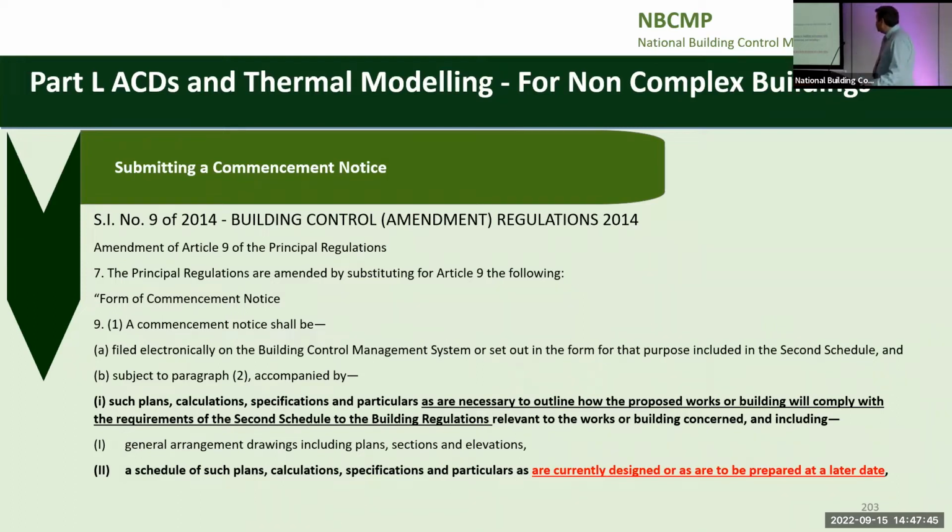And such plans, calculations, specifications and particulars are necessary to outline how the proposed works or building will comply with the requirements of the second schedule of the building regulations, which is the building regulations 8M, and relevant to the works or building concerned, and include general arrangement drawings, including plans, sections and elevations, a schedule of such plans, calculations, specifications and particulars as are currently designed or are to be prepared at a later date.